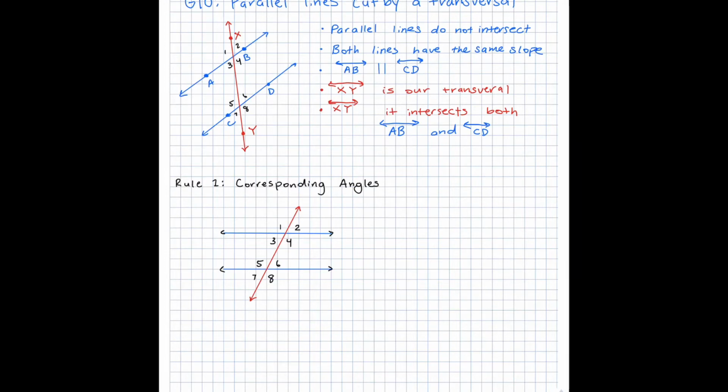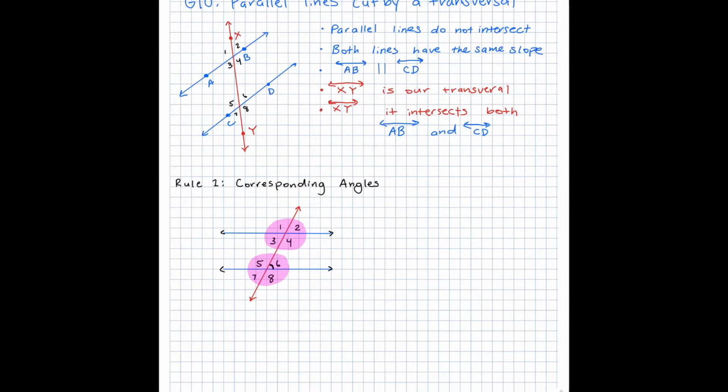Now, we're going to have two sets here. We have the upper part and the lower part. So let's look at the bottom part. Angle 6. Does that look like an angle on the upper part?